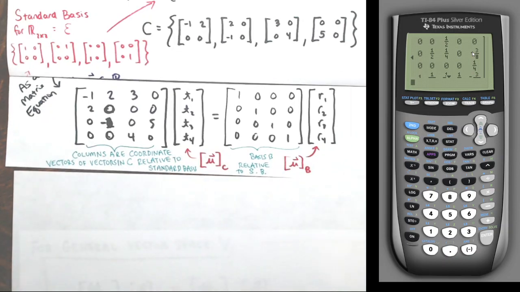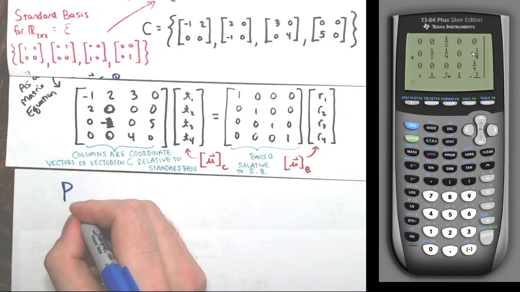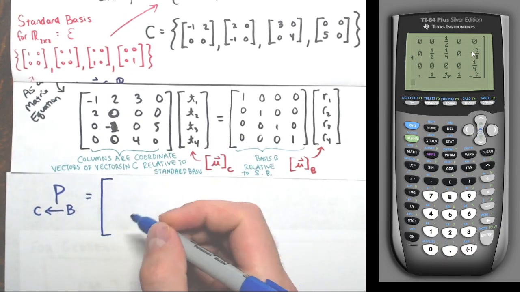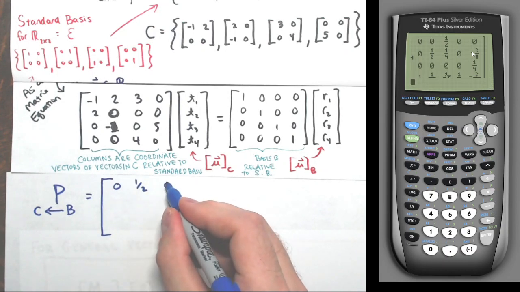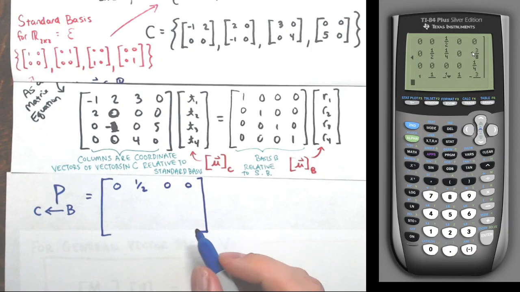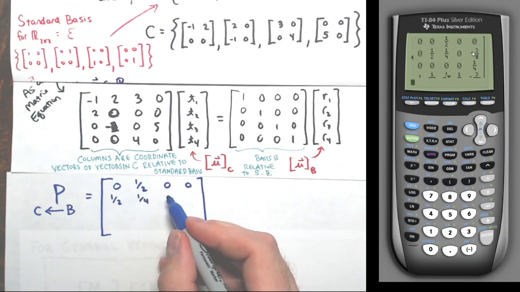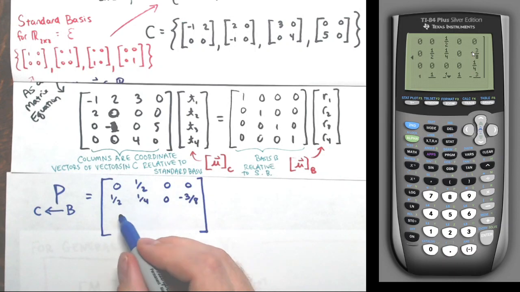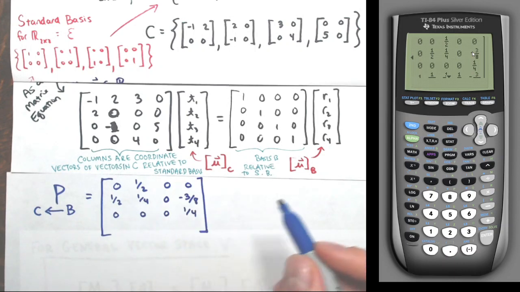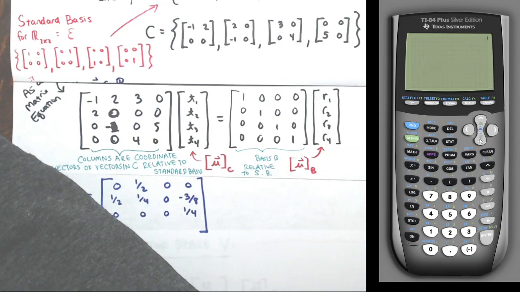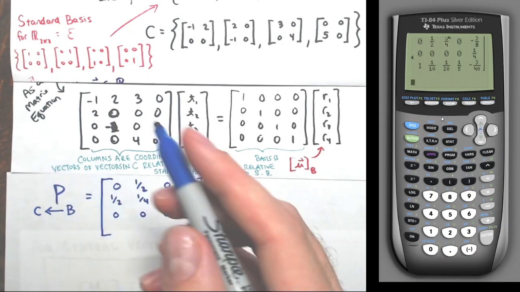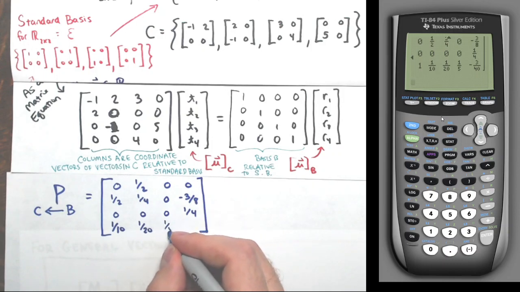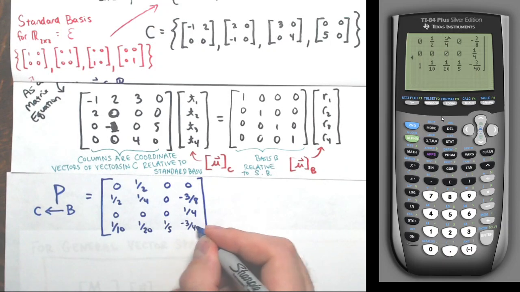So the transition matrix from basis B coordinates to basis C coordinates is equal to this 4 by 4 matrix with 0, 1/2, 0, 0 in the first row, 1/2, 1/4, 0 and -3/8 in the second row, and 0, 0, 0, 1/4 in the third row, and then the last row, there we go, 1/10, 1/20, 1/5, and -3/40. There we go.